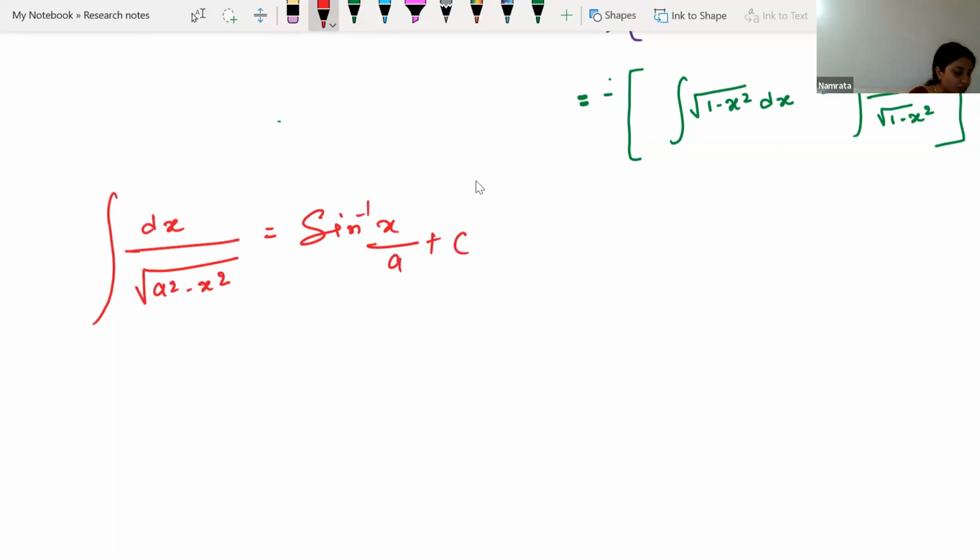Have you seen this formula anywhere? Yes, ma'am. And one more formula I'm going to write, that is for under root a square minus x square. Let me check whether you have done this before this exercise or after this exercise.